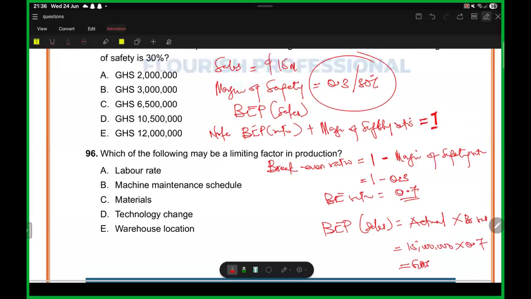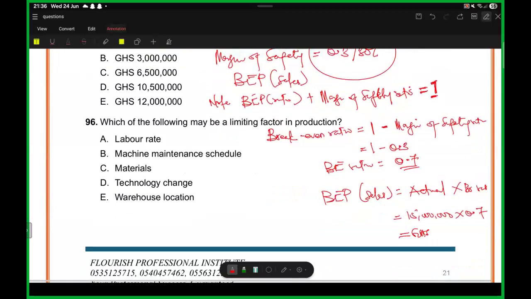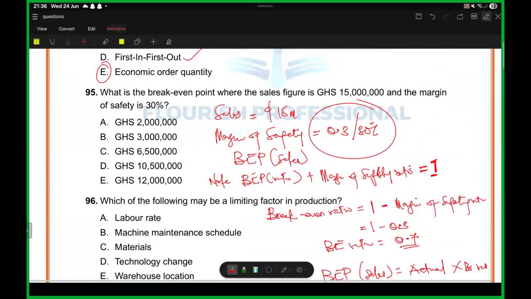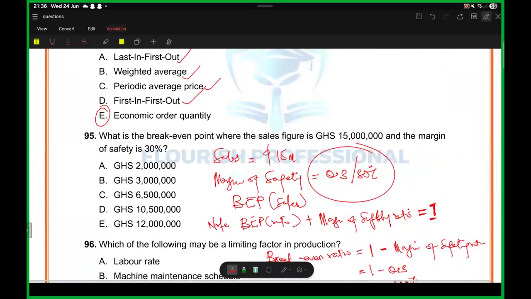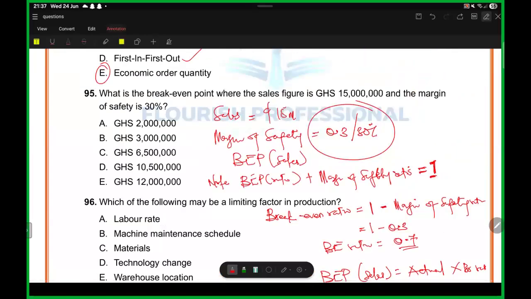Let's multiply and see whether the answer is there. 15 million times 0.7 is 10,500,000. So what is the answer over there? 10,500,000 is D.